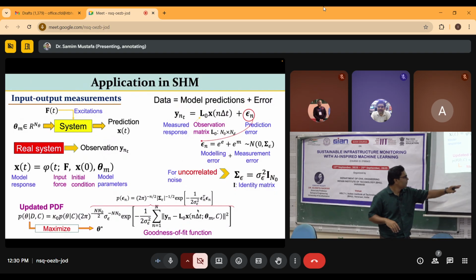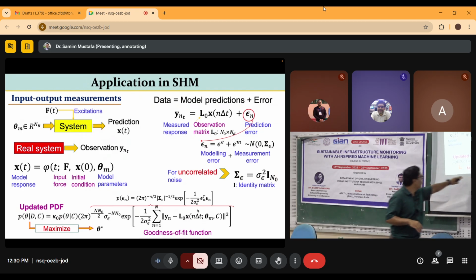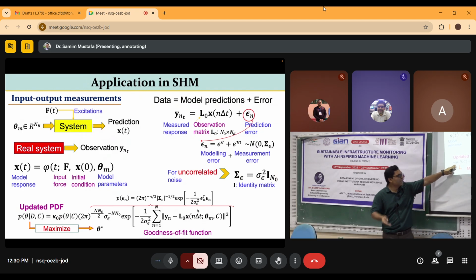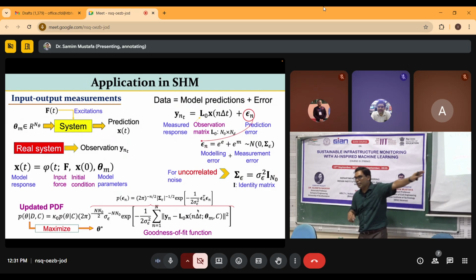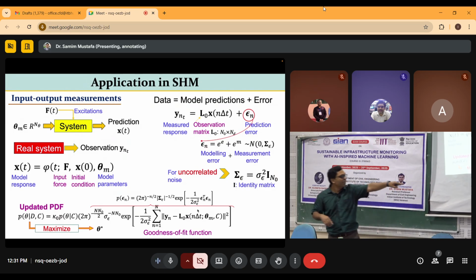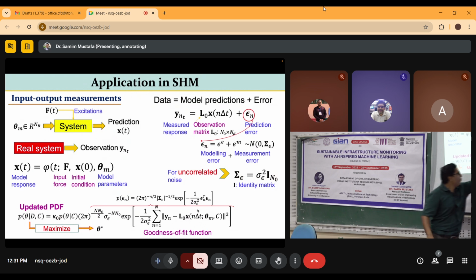So this equation that you are getting by integrating it into the Bayesian framework is the updated PDF of theta, and you have to maximize this. Okay, but instead of maximizing we will do minimization. Why? Because these are exponential.